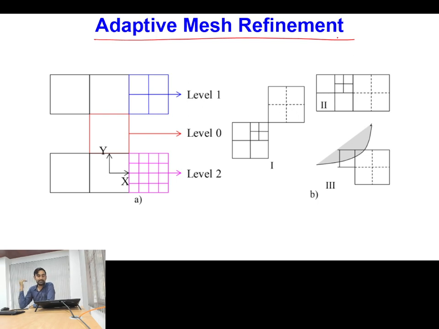When the interface changes its spatial location with time, I have to also change the refinement level of the grid so that finer meshes travel with the interface, and away from the zone where the interface was earlier present, the mesh becomes coarse. This type of moving mesh which moves with the interface is called an adaptive mesh.